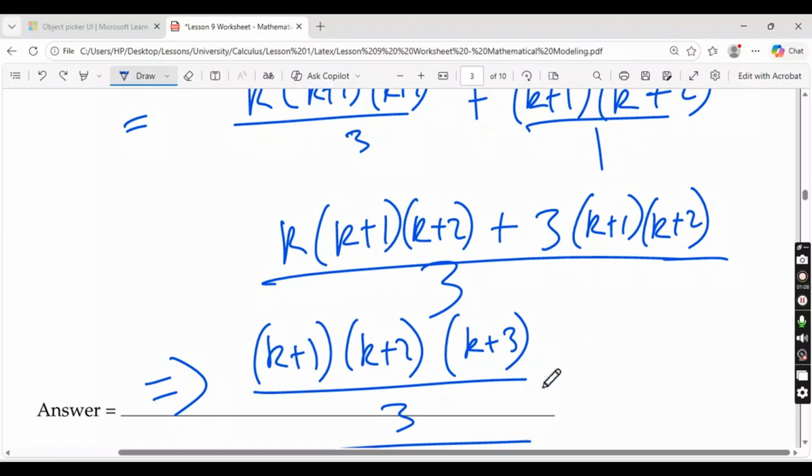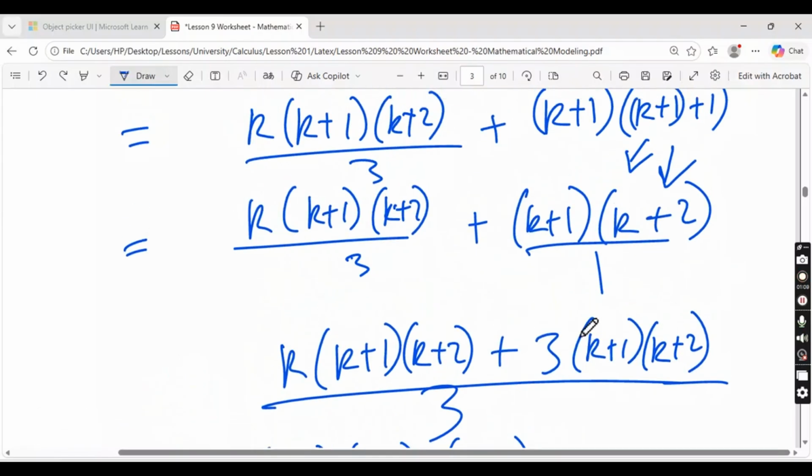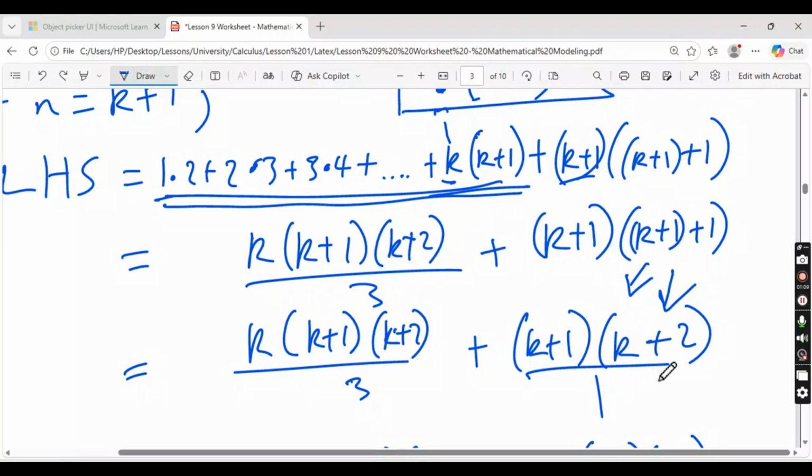Which is kind of counterintuitive, because normally when you see it in this manner, your first instinct is to expand, and it should be k squared plus 3k plus 2, right?